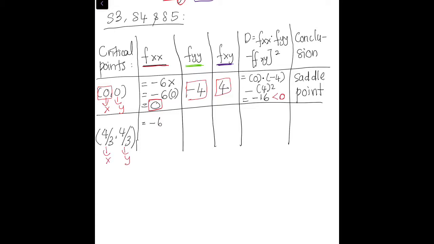Next, do the same for the point (4/3, 4/3). Calculate fxx. We get minus 8, which is less than 0. Then fyy equal to minus 4, fxy equal to 4. Then calculate the discriminant D. We have 16, which is greater than 0. So here we have D greater than 0 and fxx less than 0.